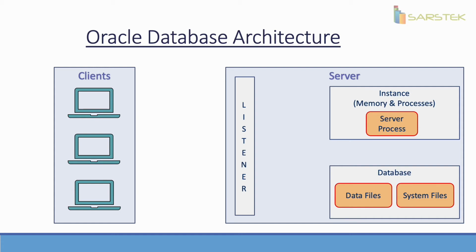Okay, so just to talk a little more about the listener. The listener is actually running like a service on the server, so it is continuously running. All the clients are connected with the server with the TCP protocol, which is a network protocol.